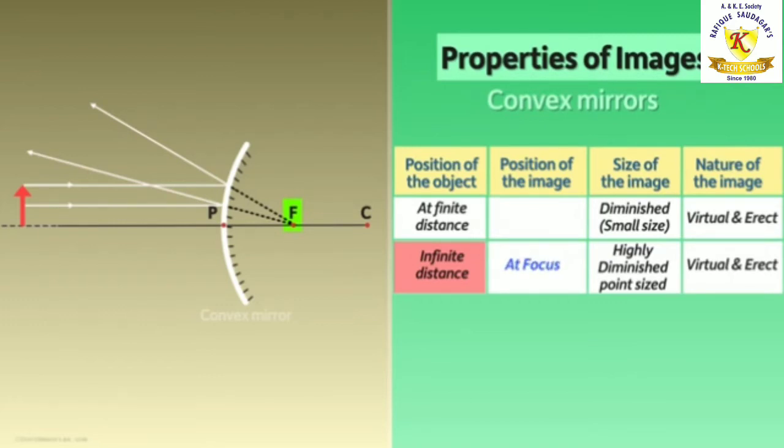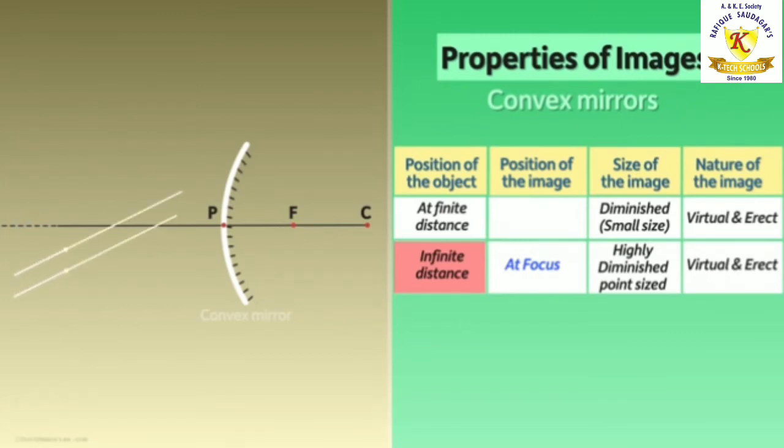Now what does this imply? When we are looking at the image of an infinitely far away object, it appears to be formed at this single point behind the mirror.